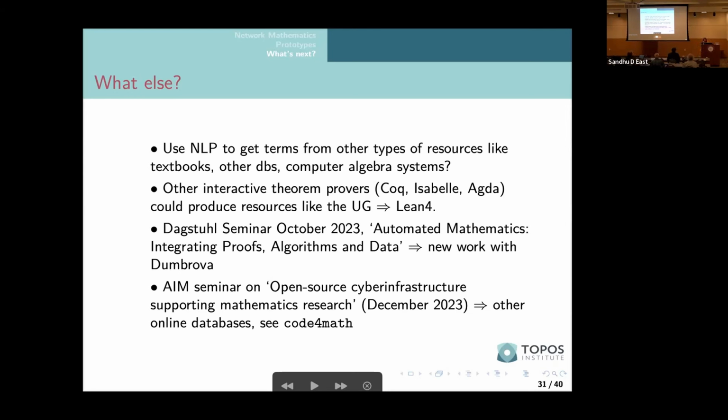There was an American Institute of Mathematics workshop on open source cyber infrastructure supporting mathematics research. And this open source cyber infrastructure created a consortium of researchers called Code for Math. And there's lots of things happening.